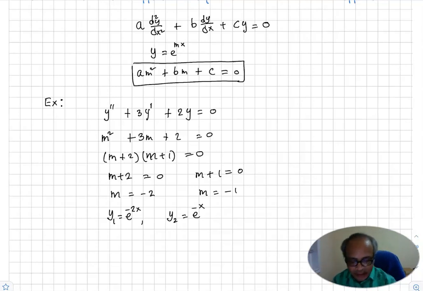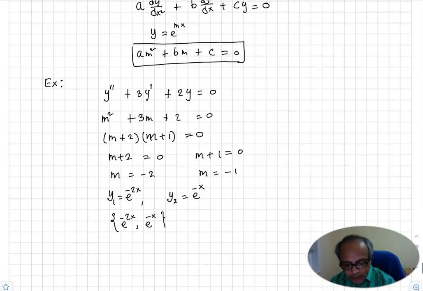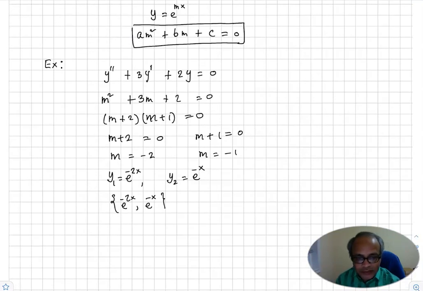If you wish, you can write the fundamental set of solutions using a curly bracket, and which one you write first, e to the power minus 2x or e to the power minus x, it doesn't matter. And now once you know the fundamental solution, you can write the general solution, which is a linear combination of the fundamental solutions.